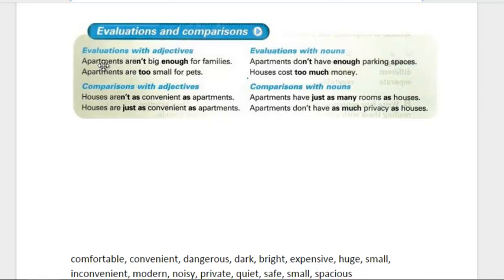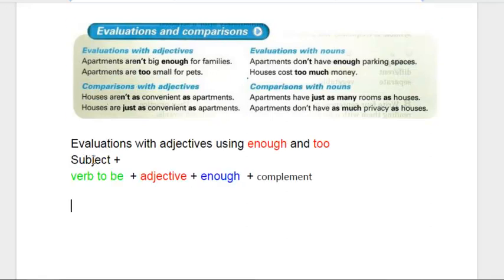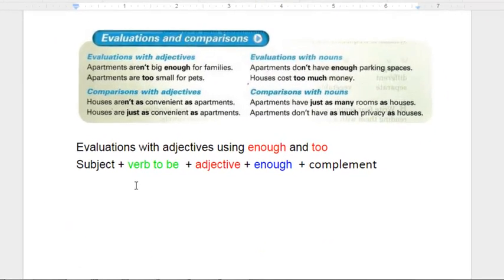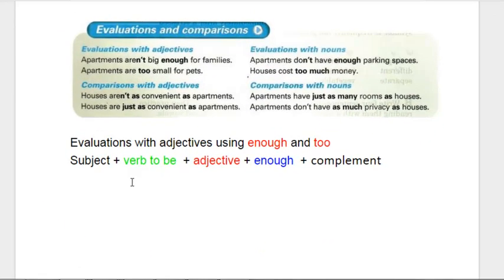on how to make sense of this evaluation that you see there towards the left. Apartments aren't big enough for families. In order for us to make that particular evaluation, we can think of the following structure. Let me go ahead and write that now. Following this structure, we're going to have a subject. In this case, we have apartments.